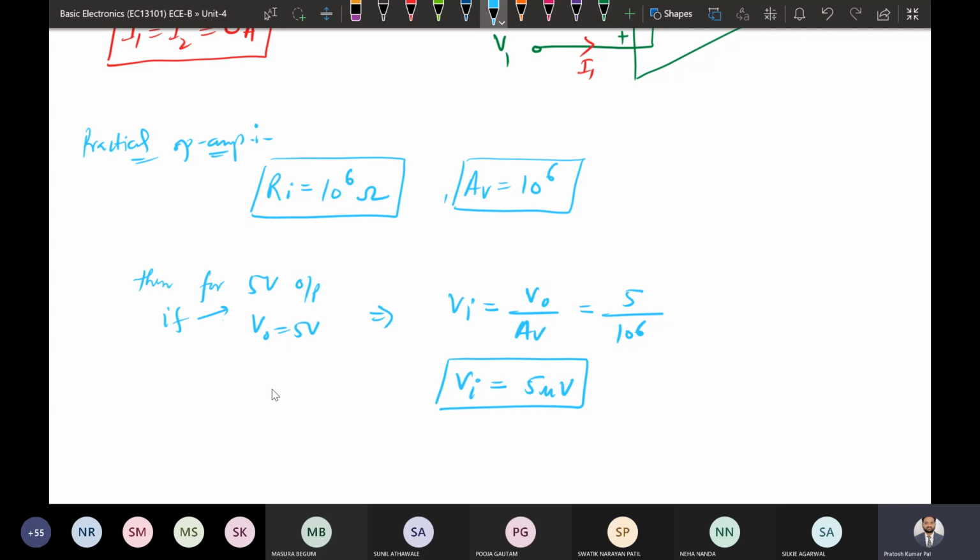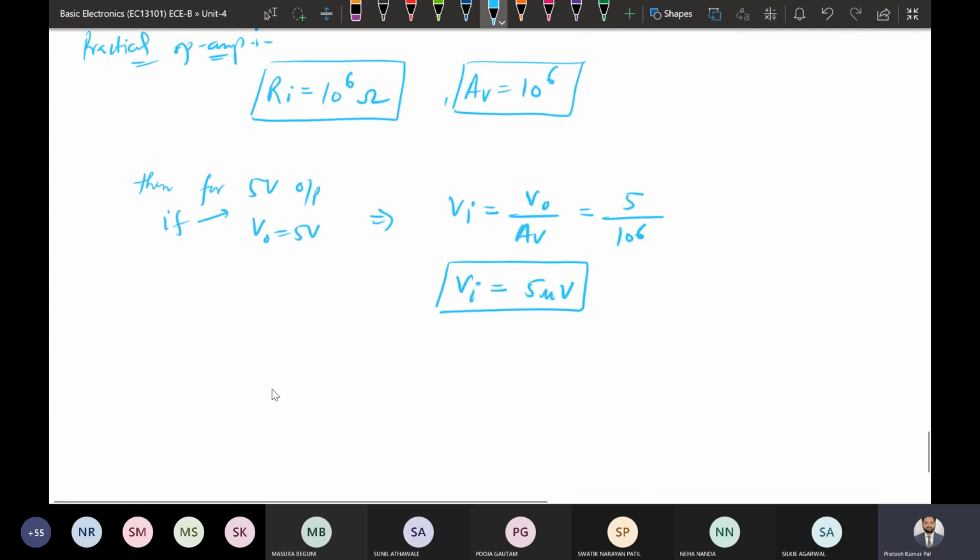From there, suppose we want to find out the current. As R input is 10 power 6 and V input is equal to 5 microvolt, then current I will be equal to V input divided by R input.